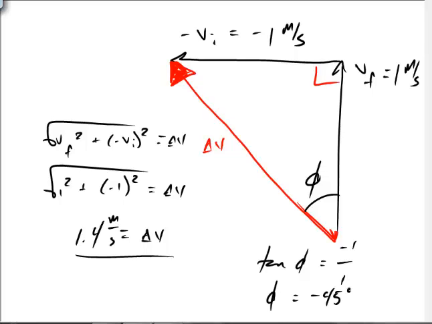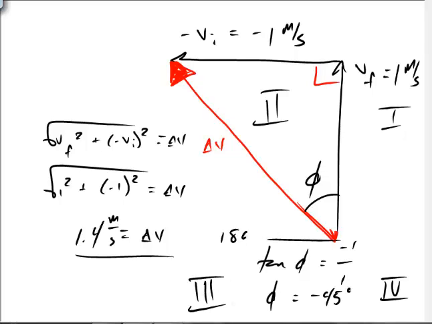When I see that, I realize this is not a 45-degree angle, because this is in quadrant 2 versus quadrant 1, 4, or 3. So it's going to be negative 45 from 180. The actual angle of the change in velocity is negative 45 from 180. The whole thing is 135 degrees from here to here.